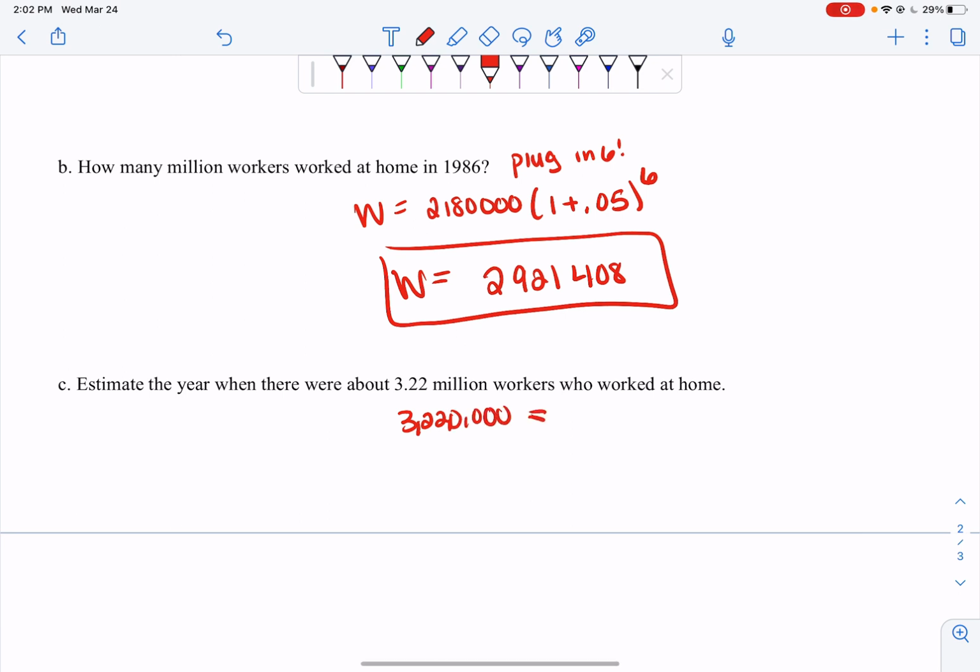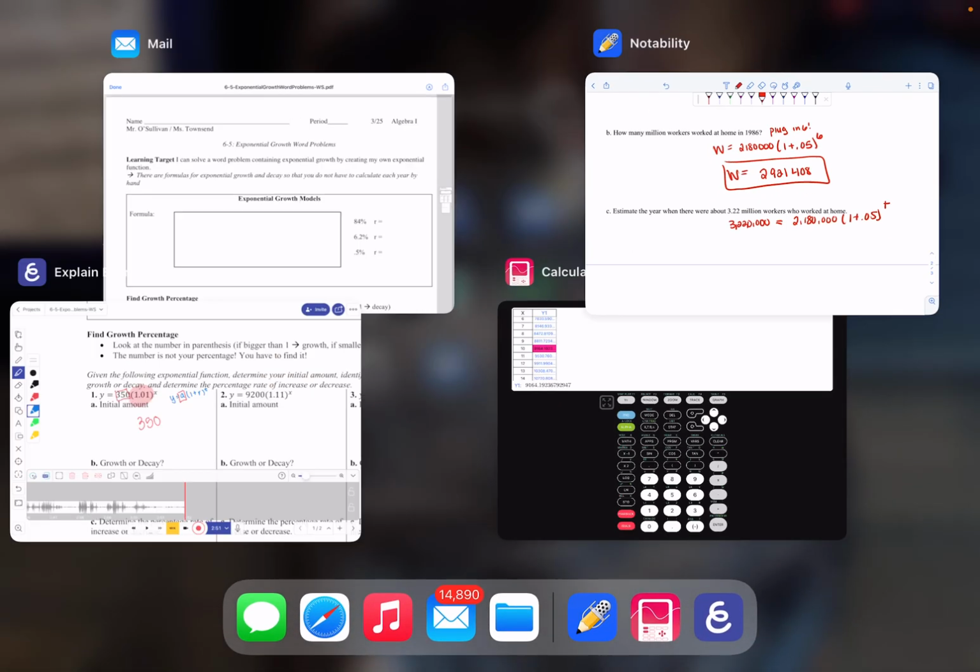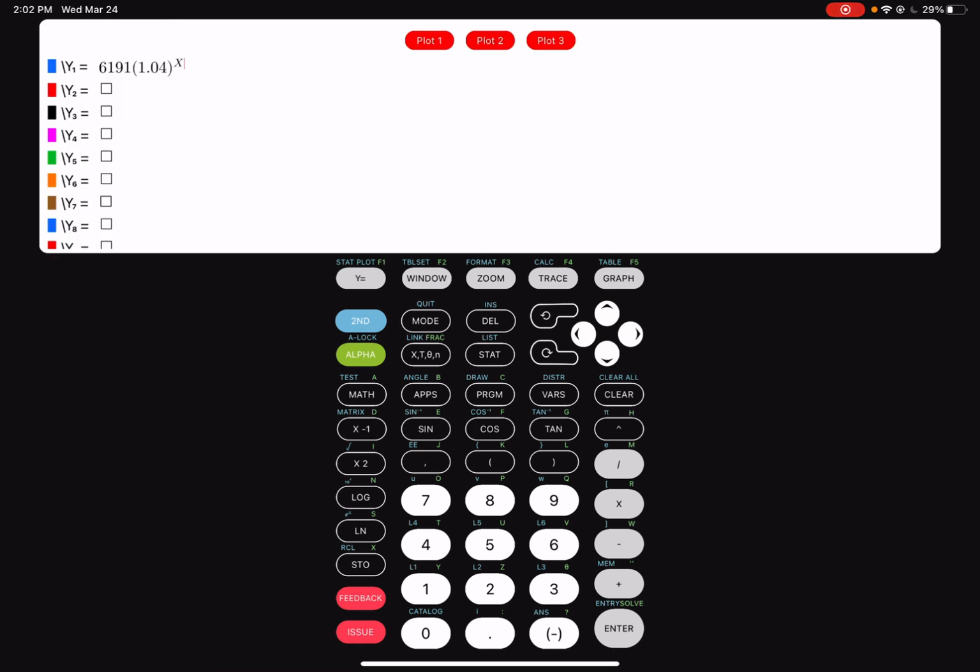We're going to set that equal to our equation of 2,180,000 times 1 plus 0.05 to the t power. So I'm going to go back to Calculate 84, go to y equals, clear, and I'm going to type in my equation. 2,180,000 times 1 plus 0.05 to the x power.